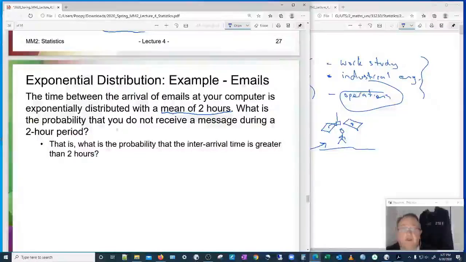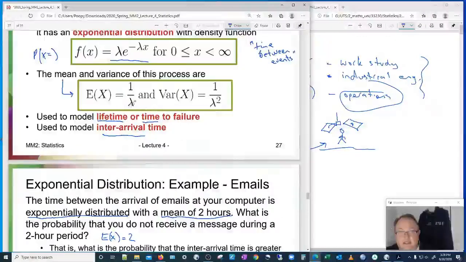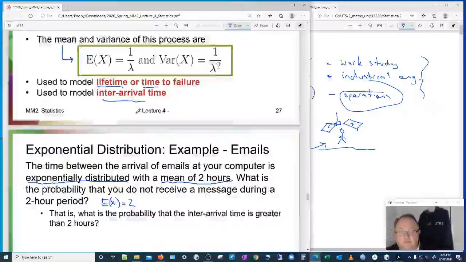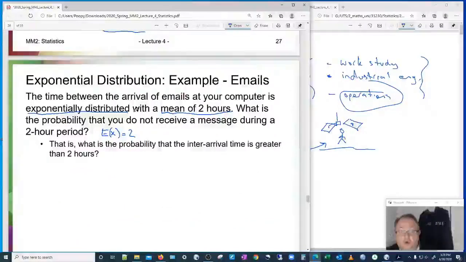So for our exponential distribution, our expected value is 2. However, looking carefully, our expected value is the inverse of lambda, or lambda is the inverse of the expected value. So please be careful with this.